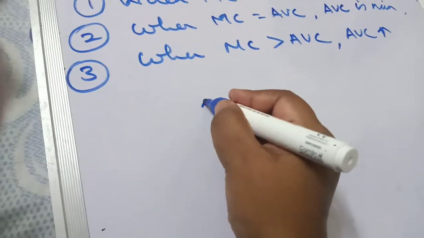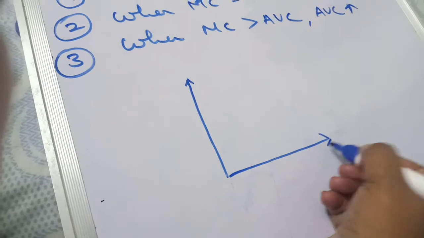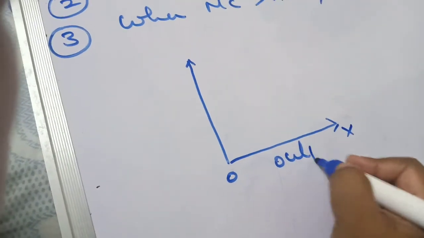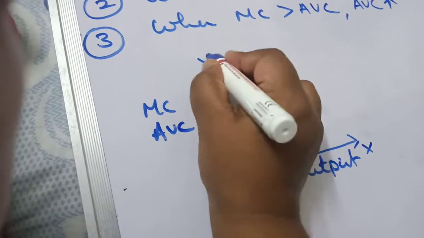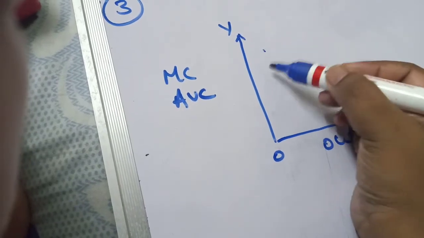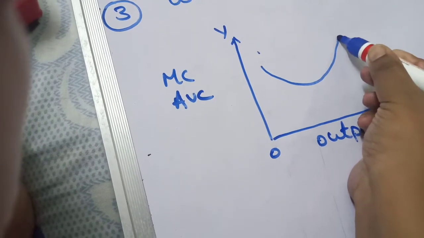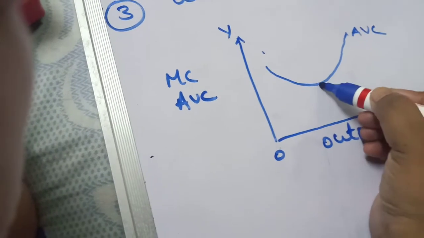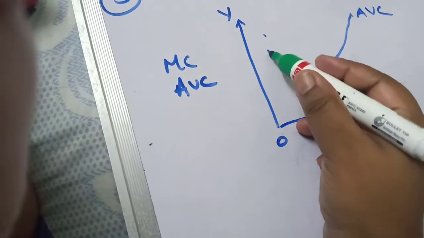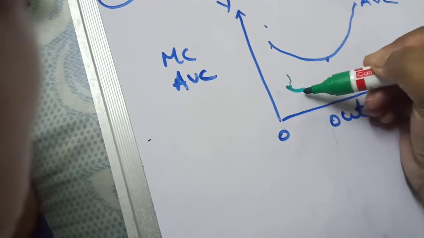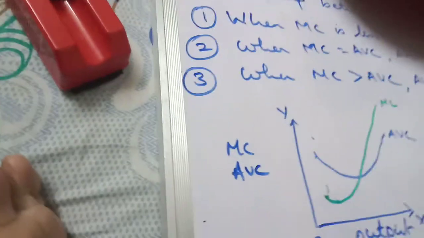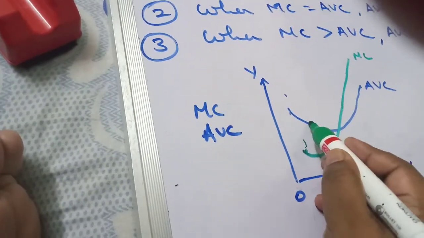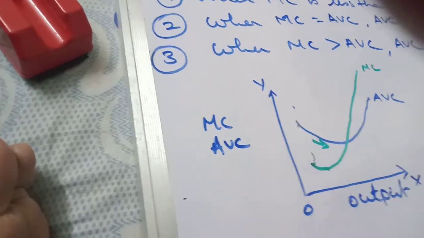How are the curves going to look if you make these two diagrams together? If you have output on the x-axis and MC and AVC on the y-axis, when MC is less than AVC, AVC falls.